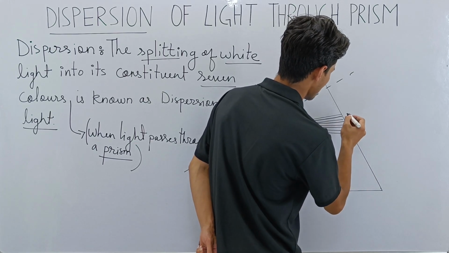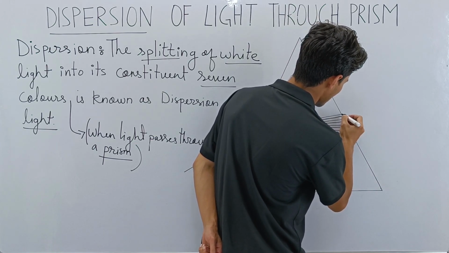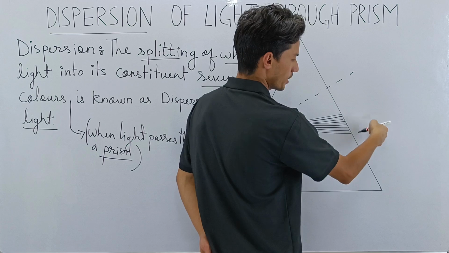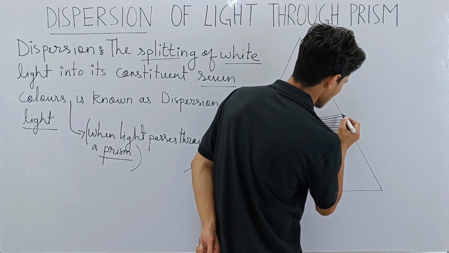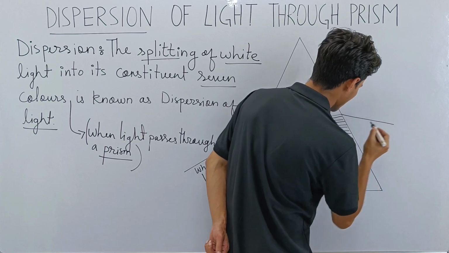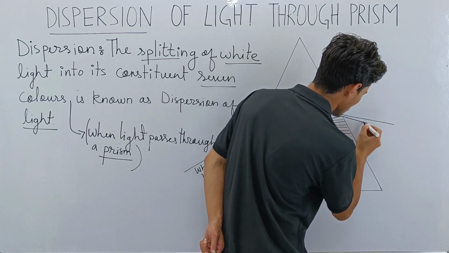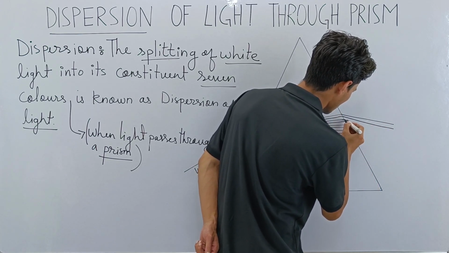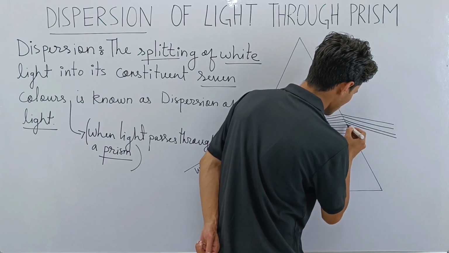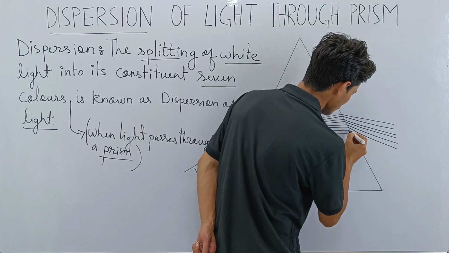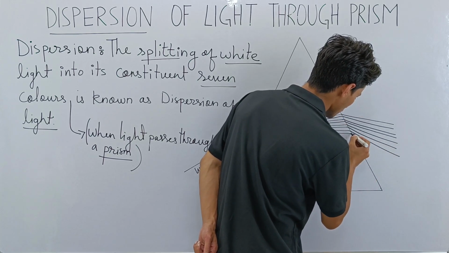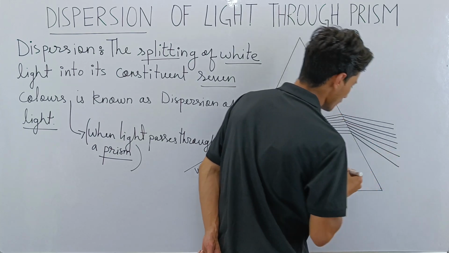So how will they emerge out? They will emerge out like this. Outside here, this is air again. This was glass, this is air again, so again they will bend a little bit. So one here, then 2, 3, 4, 5, 6, 7.